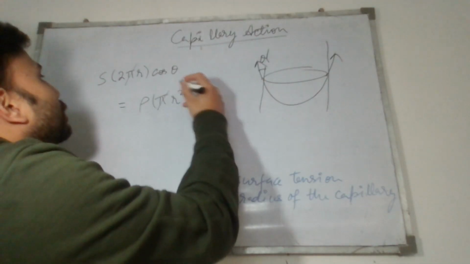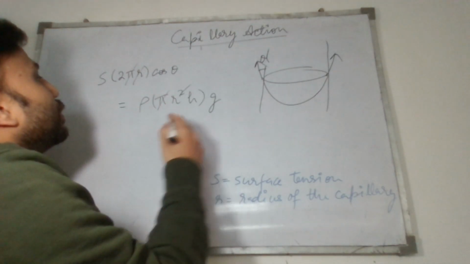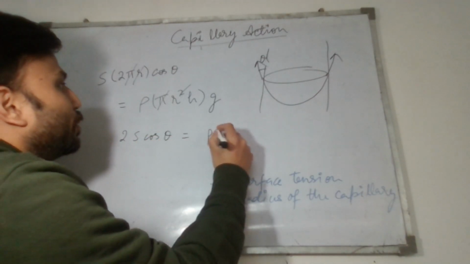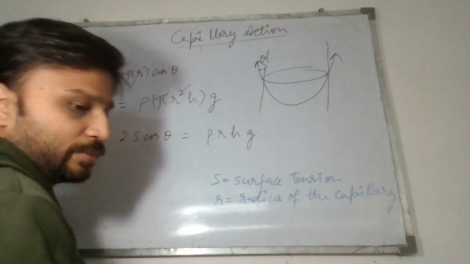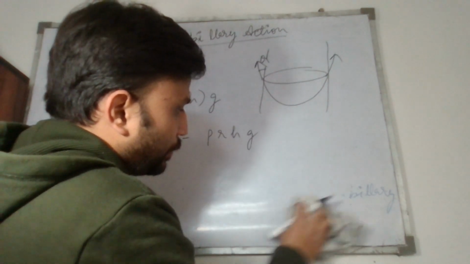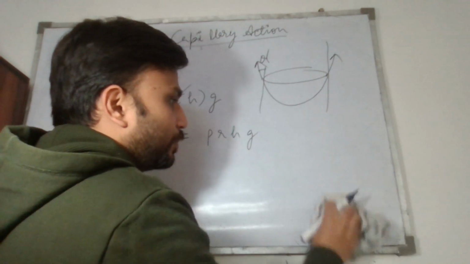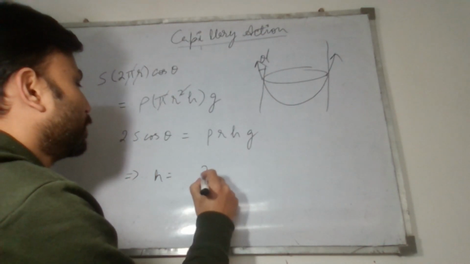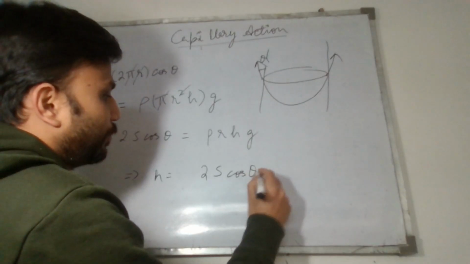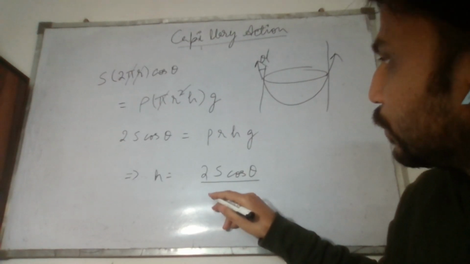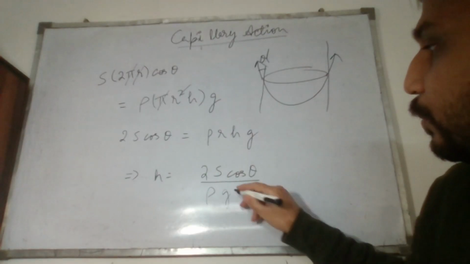So this cancels out. So this is simply 2S cos theta is equal to rho r h g, and h is equal to 2S cos theta upon rho g r.